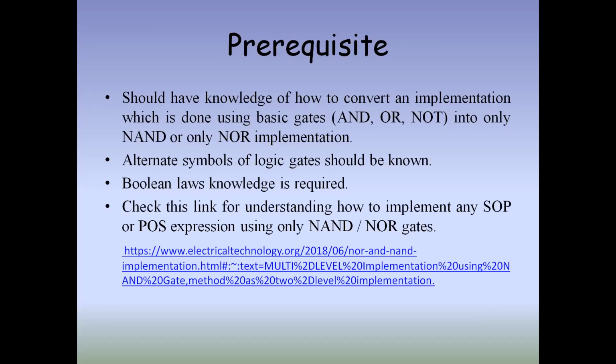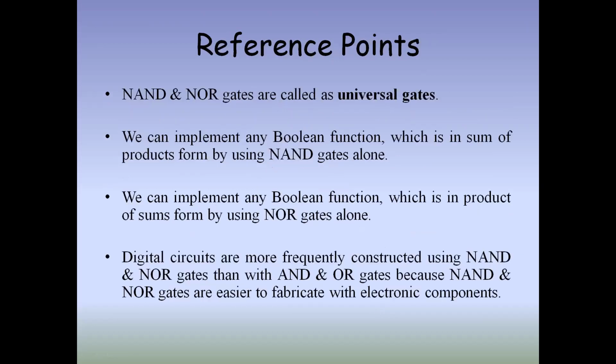You should also have knowledge of the alternate symbols of various logic gates and some Boolean laws. For further understanding, you can click on the link provided here. Along with all this, there are also some reference points provided here related to the NAND and NOR implementations.